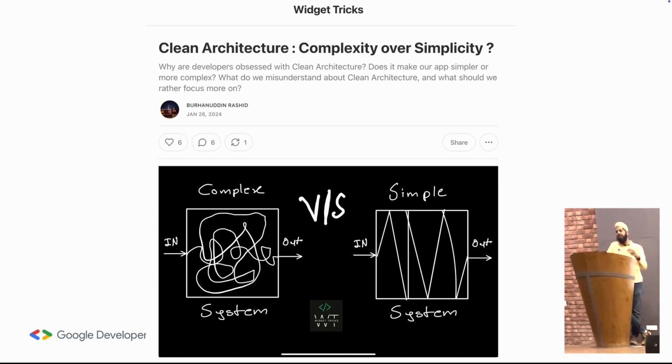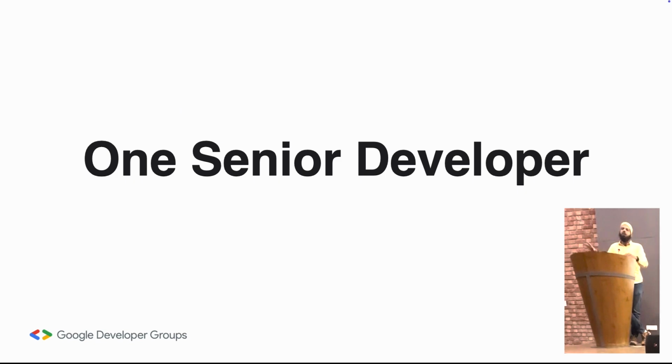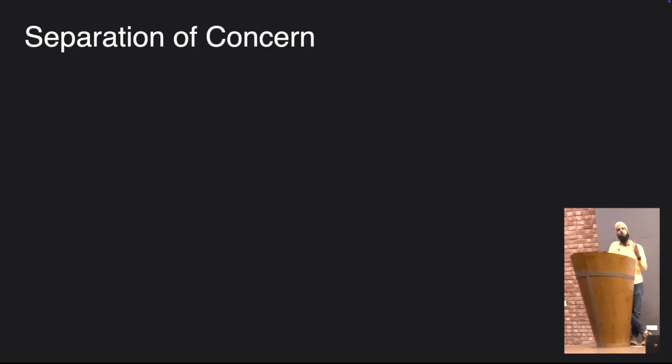And because of the architecture thing, one senior developer also comes into play, because since they have worked on different domains, they have knowledge of different architectures, so they can use all that knowledge together to build an architecture for your app. Now, what do I mean by separation of concern? I'll just give you a small example of what separation of concern means here. For example, everyone codes, right?